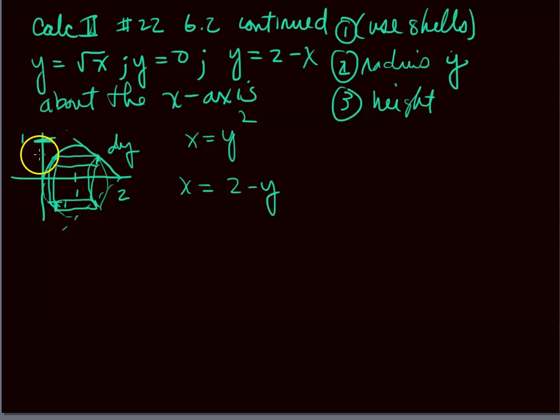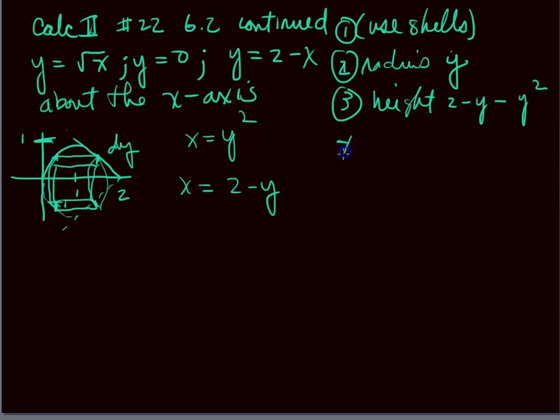That's what gives us this height. So the height is 2 minus y minus y squared. So we got the height.